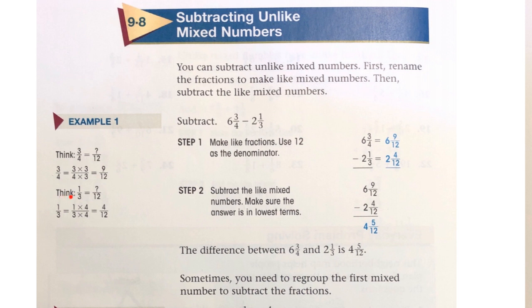To get an equivalent fraction of 1/3 in 12ths, we would be changing 3 by multiplying by 4, and multiplying 1 times 4 to get an equivalent fraction. 1 times 4 is 4, so 4/12 is equivalent to 1/3.